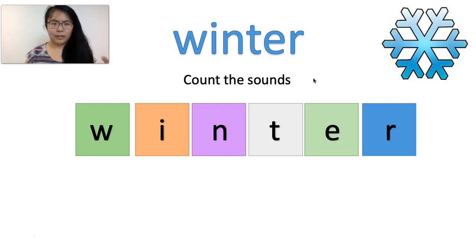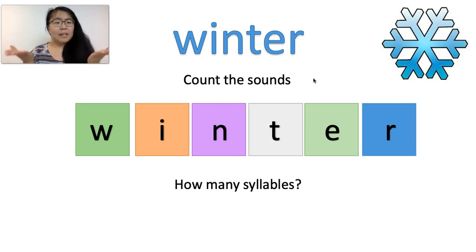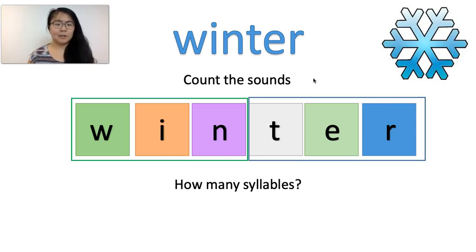Winter. We have to practice smushing all the sounds together into one word. Winter. So how many syllables is winter? Winter. 2 syllables. Good. Winter is our first season of the year.